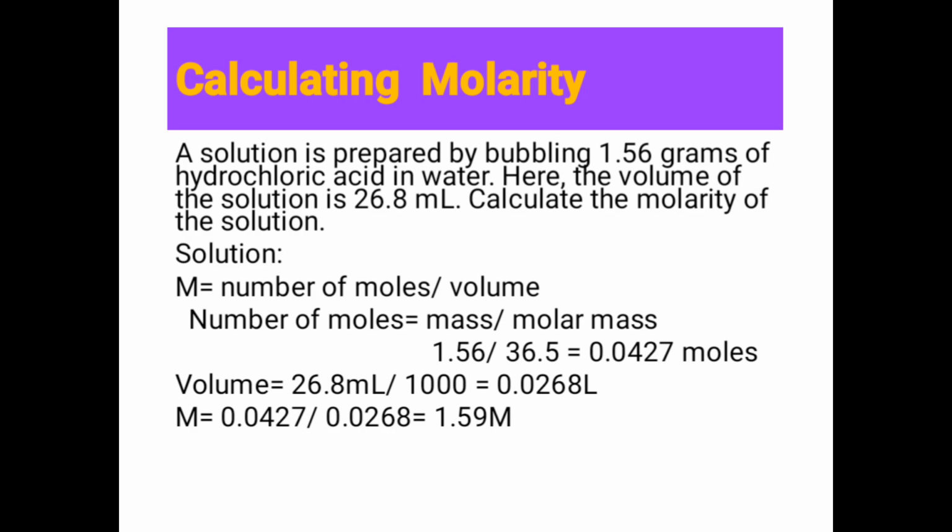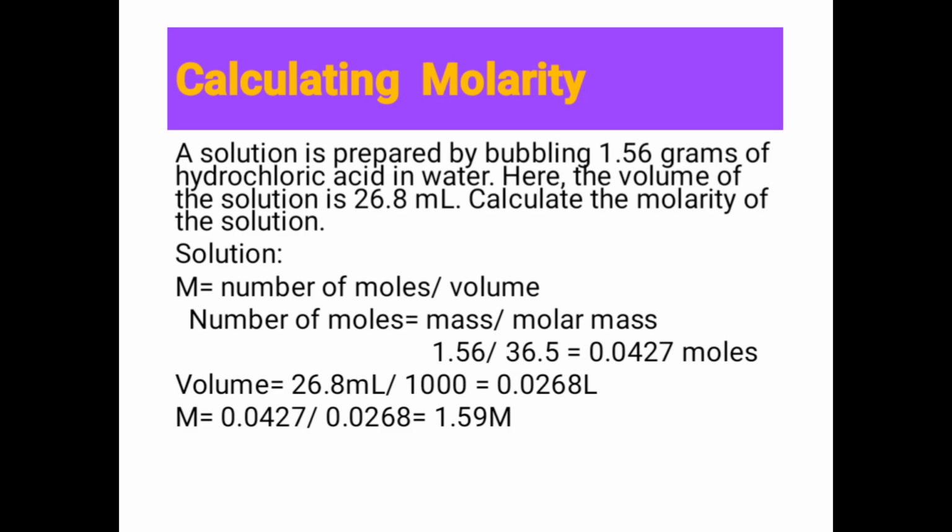A student will ask, what about the ones that give mass over volume, that's gram per dm³? Yes, that's mass concentration. And we also have molar concentration, which is number of moles over volume. But when we talk about molarity, it focuses on the number of moles over volume, which is mole per dm³ or molar.